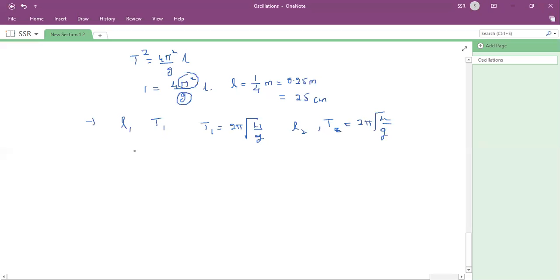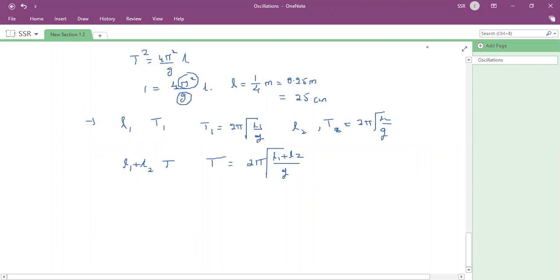Now these two pendulums are connected back to back. Then the new time period for a length of L1 plus L2 is T. What is the relation between T1, T2 and T? T value for L1 plus L2 is 2 pi root of L1 plus L2 by g. Are you clear this?